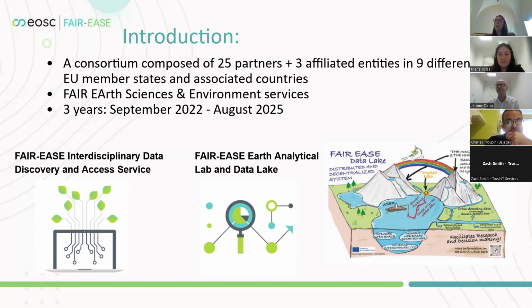We started in September 2022, and the project lasts for 3 years. What Ferris is doing is developing 2 main tools: the interdisciplinary data discovery and access service, and the Earth Analytical Lab and Data Lake, which you can see in a nice sketch that was drafted by one of our consortium members, Gael.